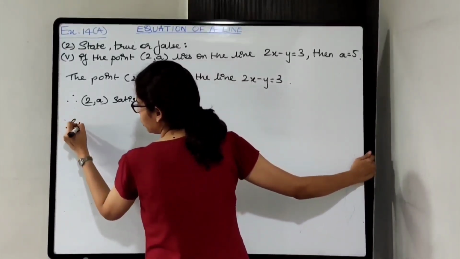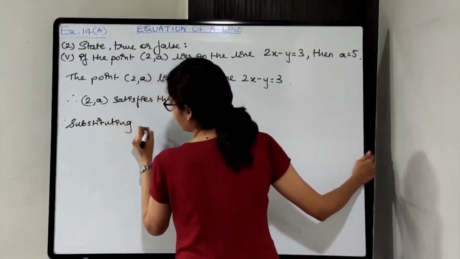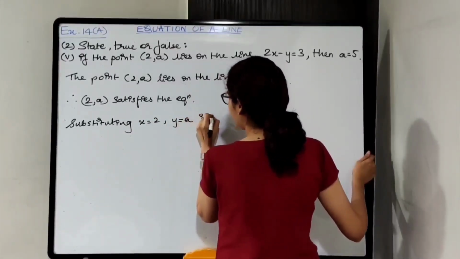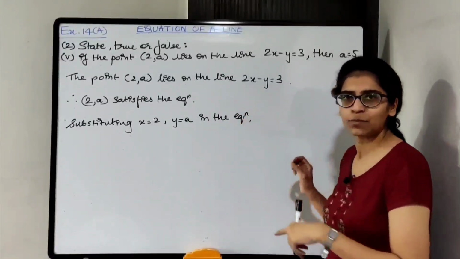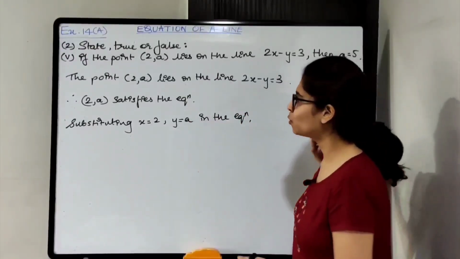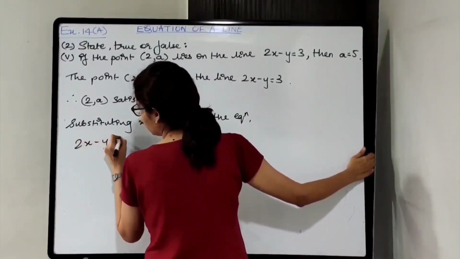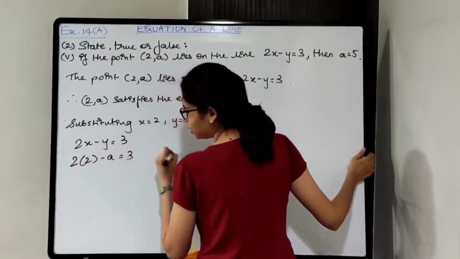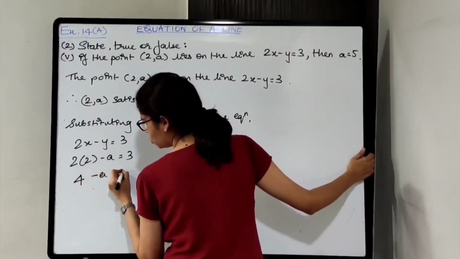So substituting x equal to 2 and y equal to A in the equation, because we have to find out the value of A. The equation is 2x minus y equal to 3, that is 2 into 2 minus A equal to 3. 2 2s are 4, minus A equal to 3.